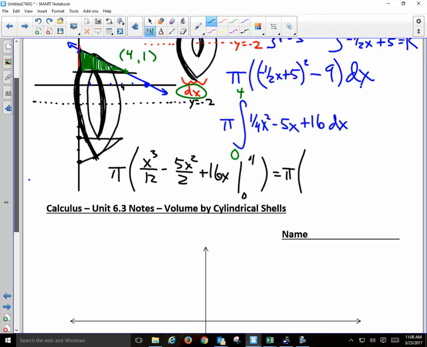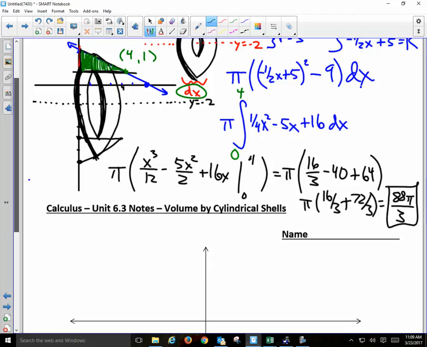Divide each by 4, we get 16 thirds. 4 squared is 16, divide by 2, 8 times 5 is 40. And then 16 times 4 is 64. So we've got 24 multiplied by 3 is 72. So pi times 16 over 3 plus 72 over 3 is 88 pi over 3. That's sweet.